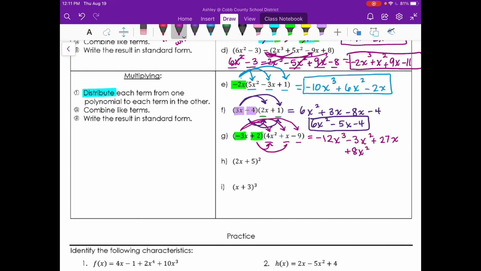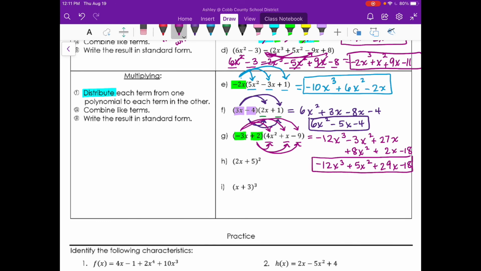And then 2 times x is positive 2x, and 2 times negative 9 is negative 18. And then instead of having to look across, you can just look vertically and add your columns. Negative 12x cubed plus 5x squared plus 29x minus 18.